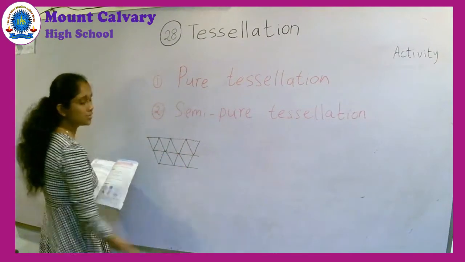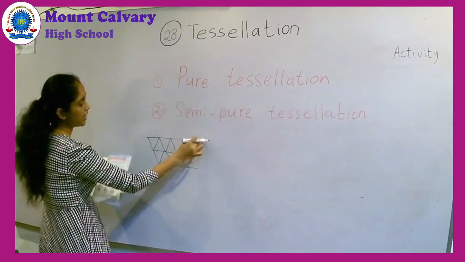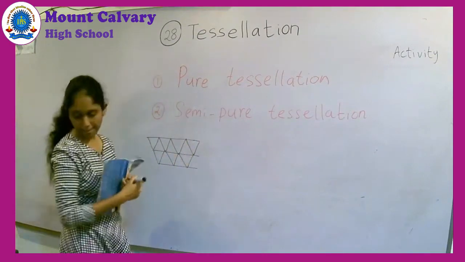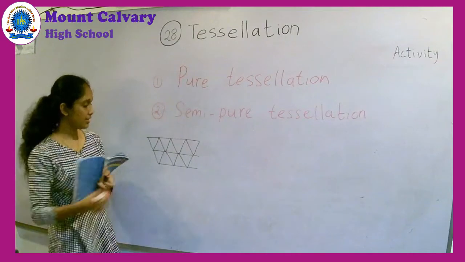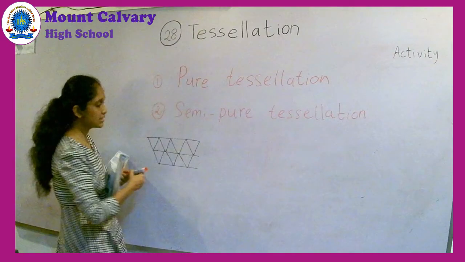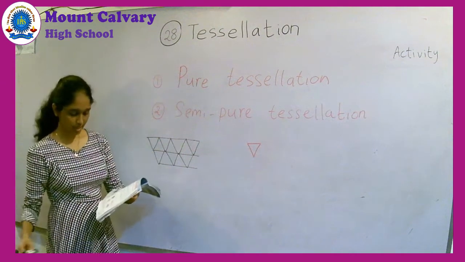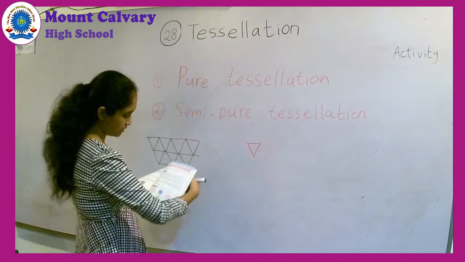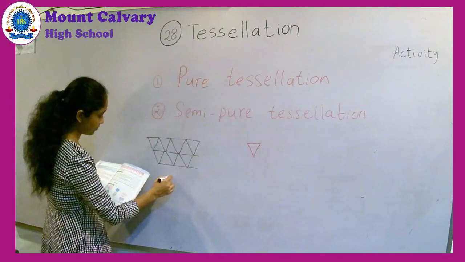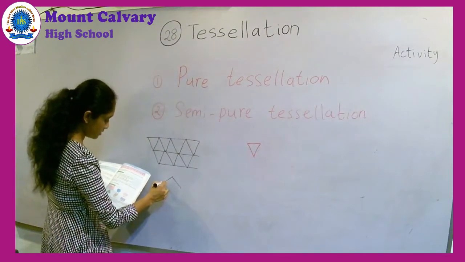It's like this. Can you identify the shape? Very easy. You have to draw the sketch like this. I will do 3 examples, and you have to complete the rest.